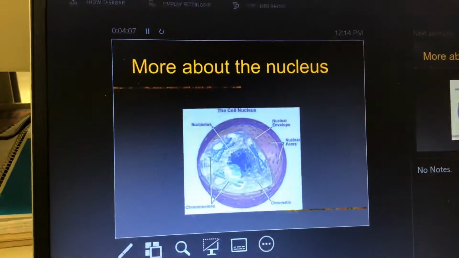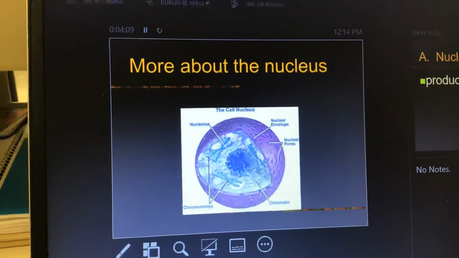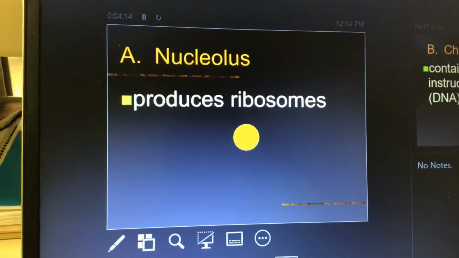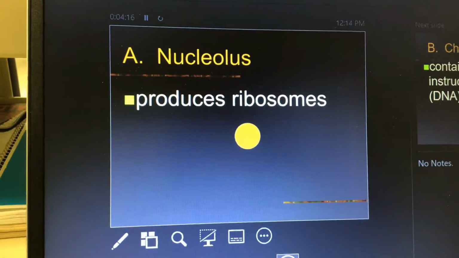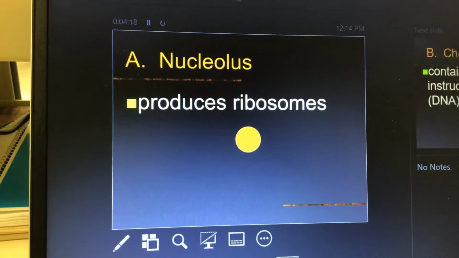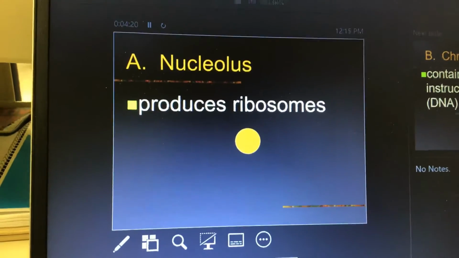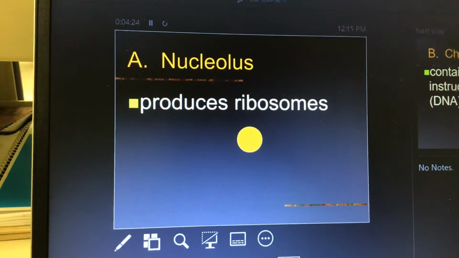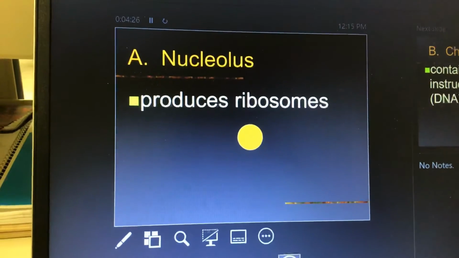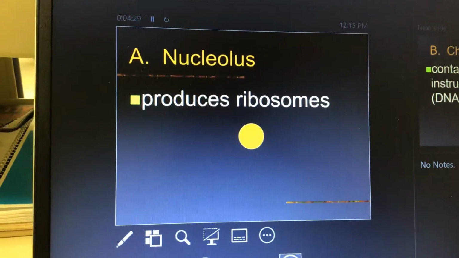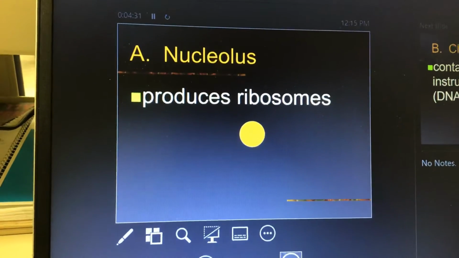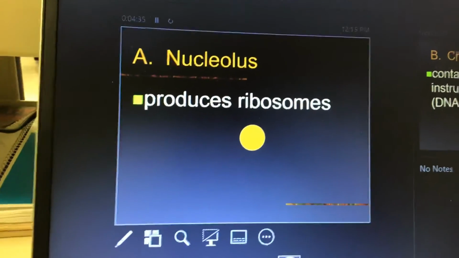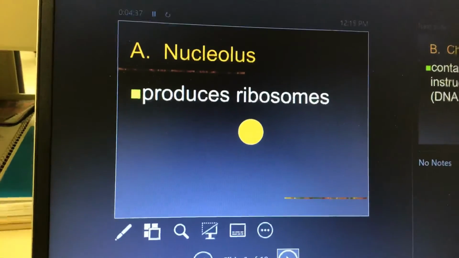If we look at the nucleus closer, go ahead and write this down. The nucleus actually has a center in itself called the nucleolus. So the nucleus of the nucleus is the nucleolus. It produces ribosomes. We'll get to ribosomes in a little bit, but they are protein producers.